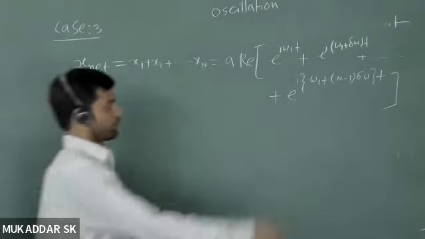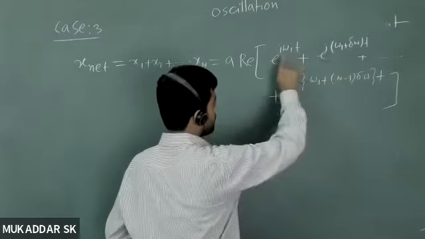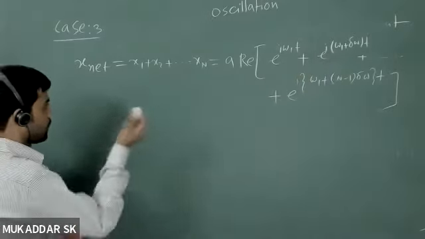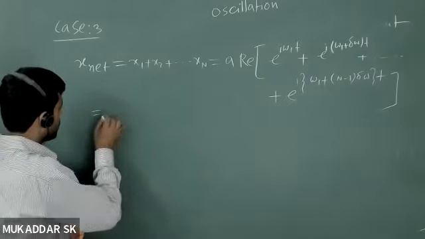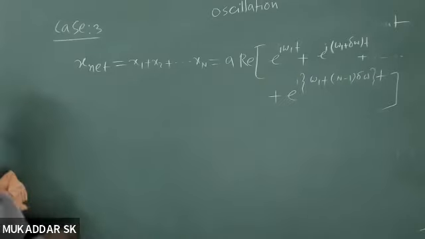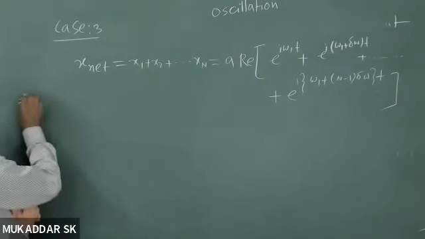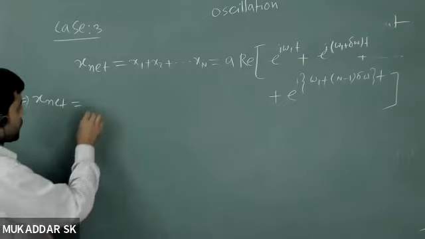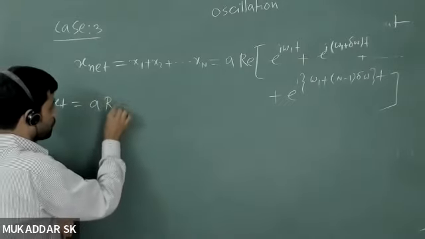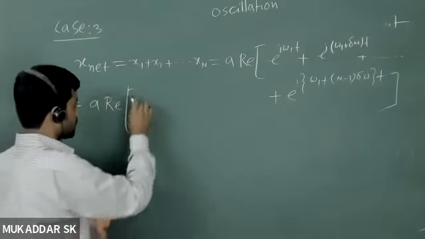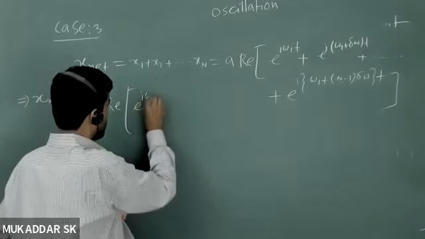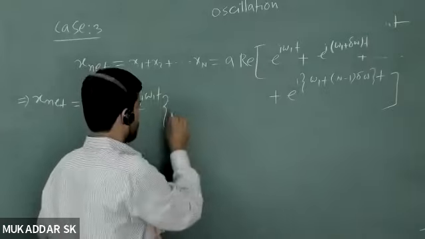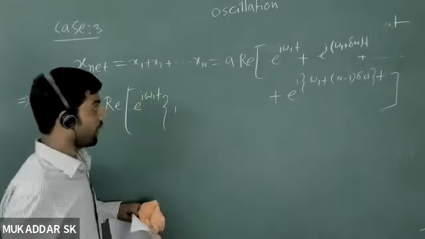Now you see, from every term I get exponential i omega 1 t common, right? So I'll take this term common. If I take it common, I can write x net will become a into real part of exponential i omega 1 t, that will be common. Now inside the bracket, the first term will be 1, right?